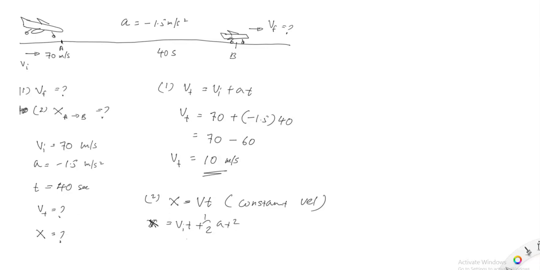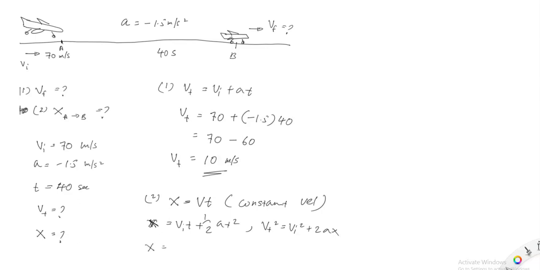This works because we have everything we need, and the equation gives you the distance. Or we can use V final squared equals V initial squared plus 2AX. We have V final 10, initial 70, 2 times acceleration times distance. This also works, but in this one X is already on the left hand side, so I'm just going to go with this one.